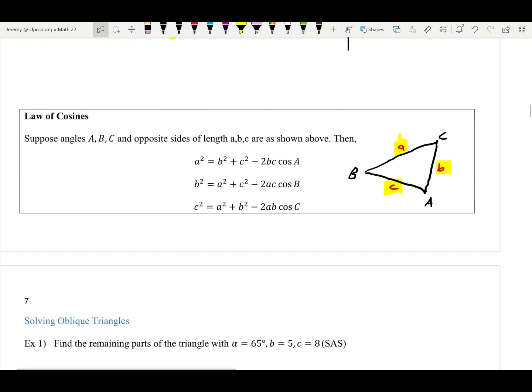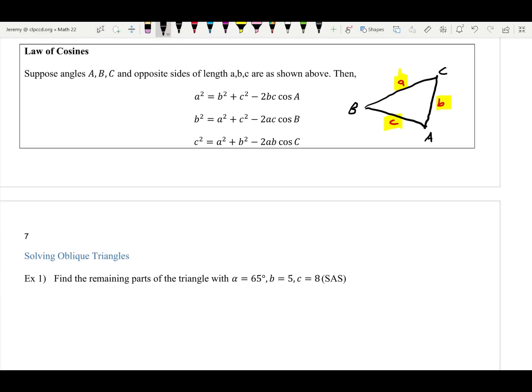One interesting thing about this formula is it turns out that the Pythagorean theorem, a squared equals b squared plus c squared, or however you want to look at it, is just a special case of the law of cosines where we have a right angle.